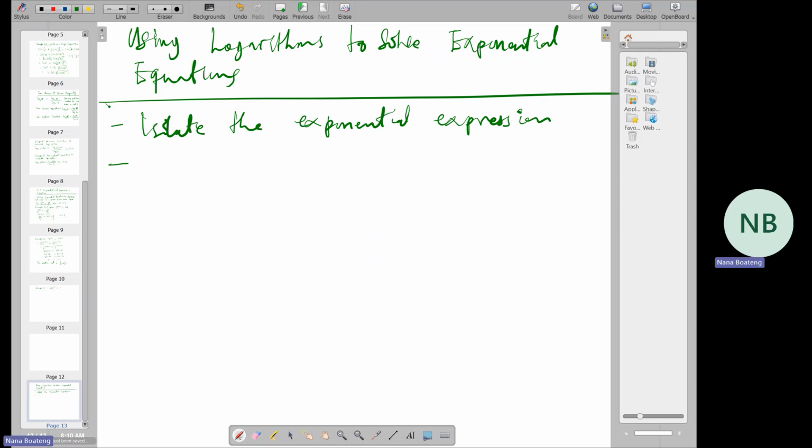So next is to take the common logarithm on both sides of the equation.